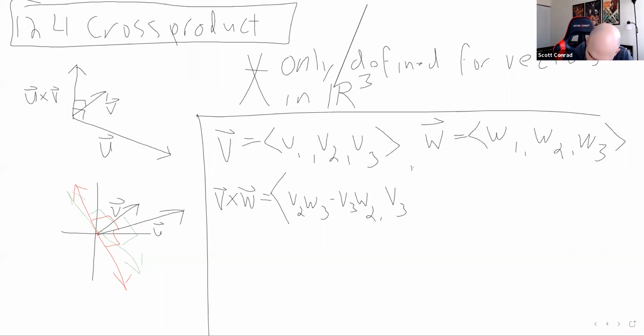Then v3w1 minus v1w3, and then v1w2 minus v2w1. So those are the three components. There's kind of a lot in there. If you stare at it and squint your eyes, you can see some patterns and maybe think of a way to remember that. But we'll have a better way to actually remember how to calculate this. That is the definition of the cross product for now.